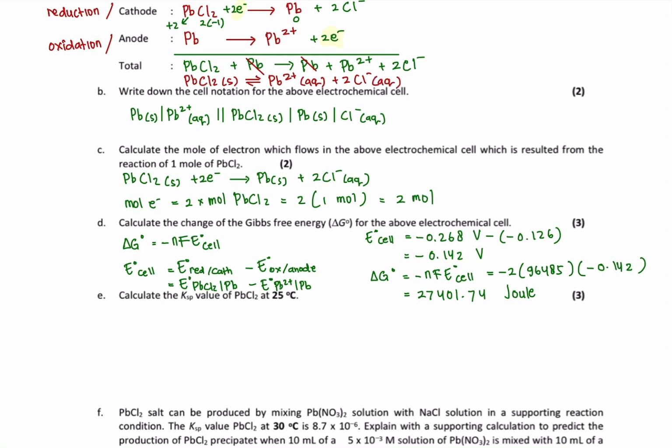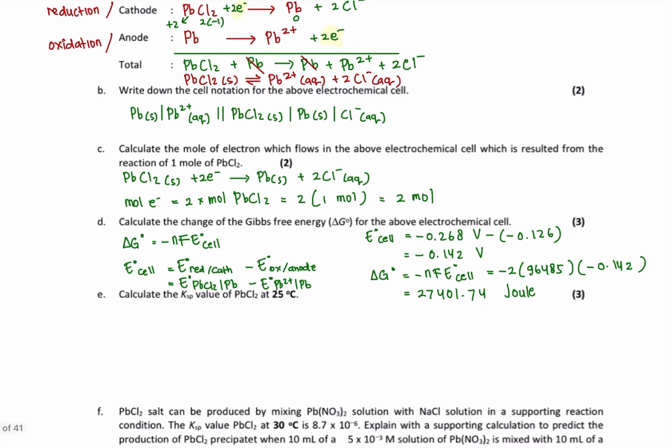So if we calculate this reaction based on the electrochemical data, then here we have Q, which is not for the KSP, but this is for the reaction.